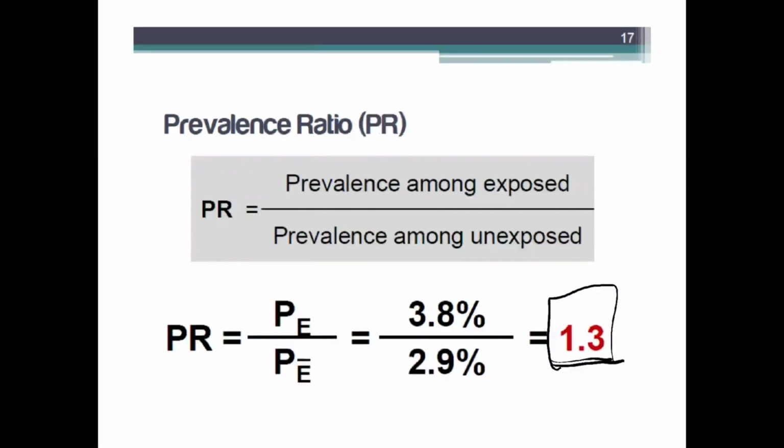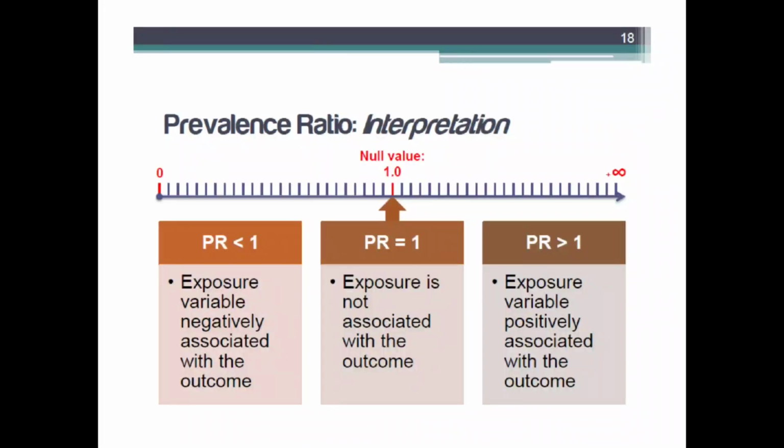Ibig sabihin, the exposure variable, which is the OCP use, is positively associated with the outcome, which is your breast cysts. Every time na gumagamit yung mga population ng OCP, mas tumataas din yung mga nagkakaroon ng breast cysts. So, ganun po ang prevalence ratio.